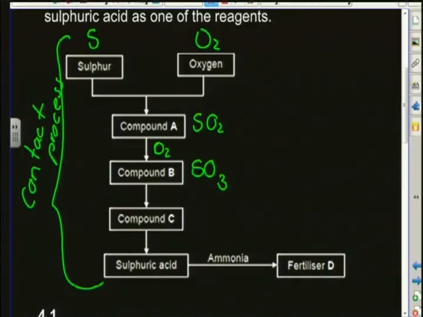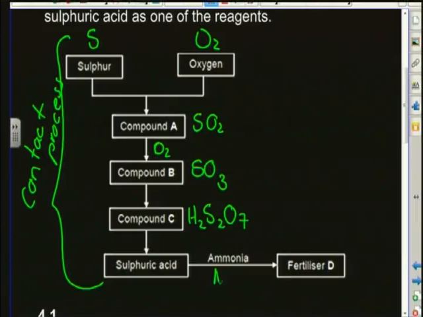The SO3 then gets dissolved in sulfuric acid to give me H2S2O7. Remember, we can't dilute that straight into water. It makes pyrosulfuric acid. Too dangerous.